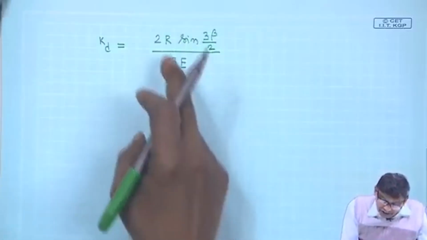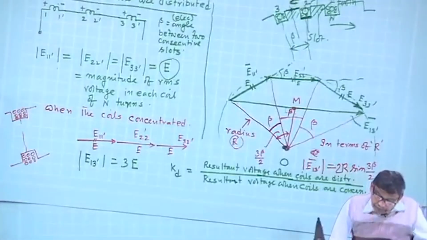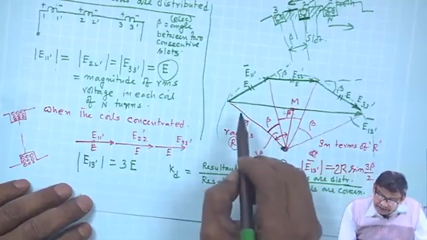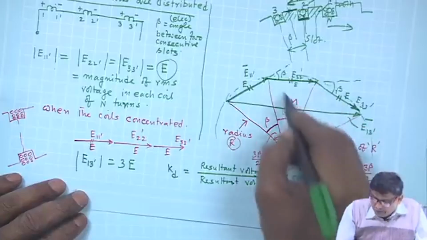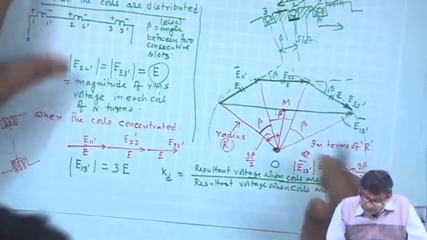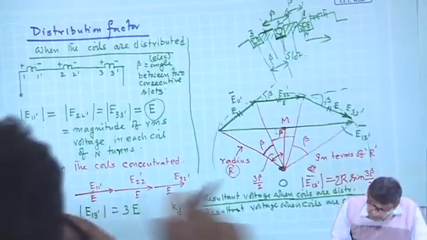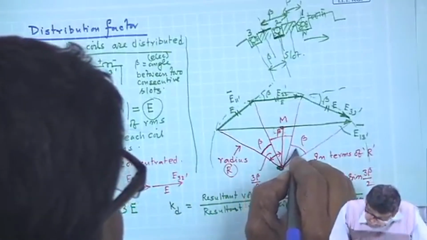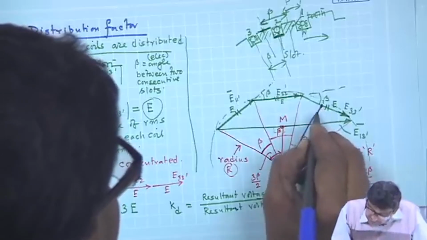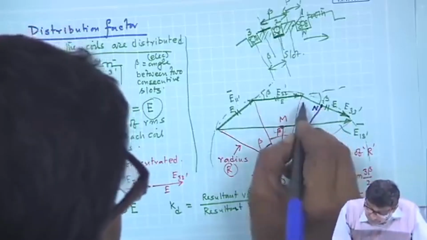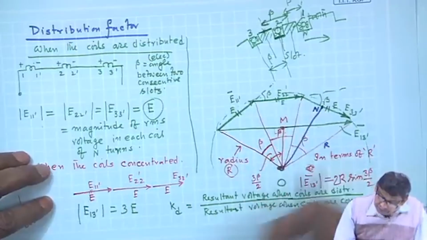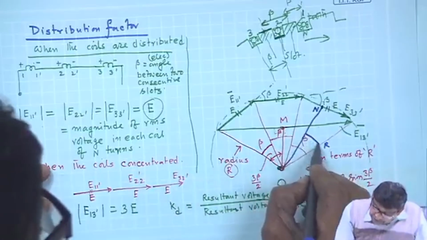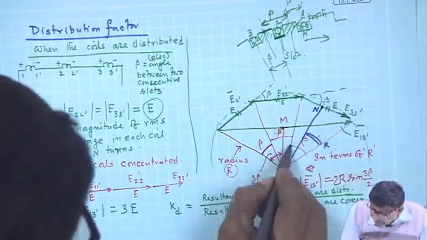Now, the question is, this R is disturbing. I mean, what is this radius? Now, this radius can be related with E from any of the small triangles. For example, you drop a perpendicular from this to this, say call it O n. This length is R, this is R, and this angle is beta by 2, because this is beta.